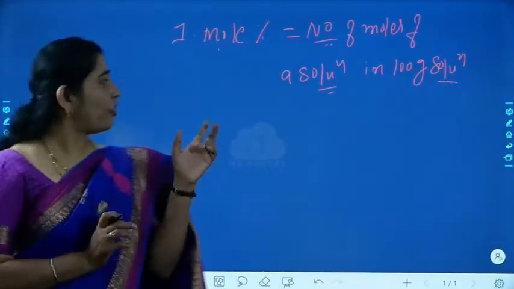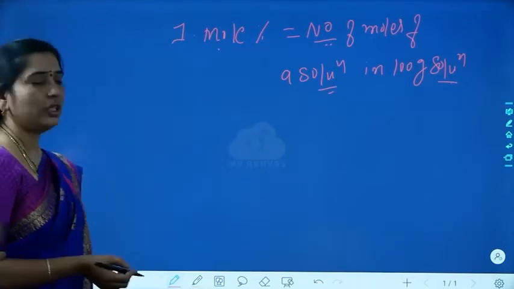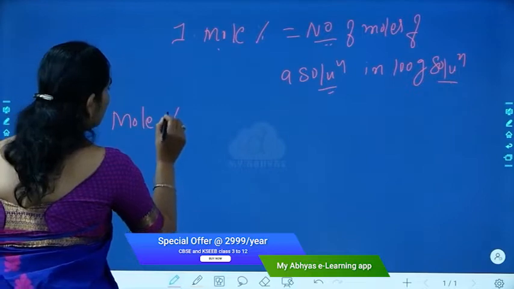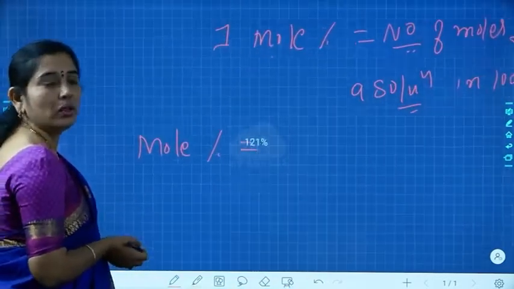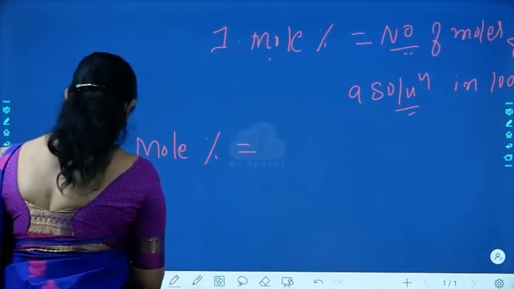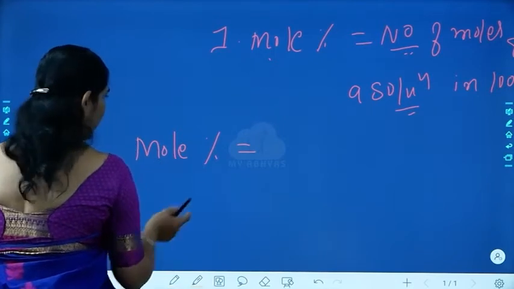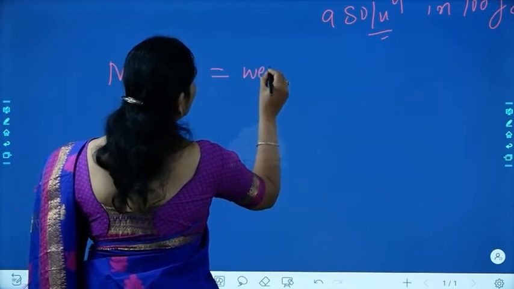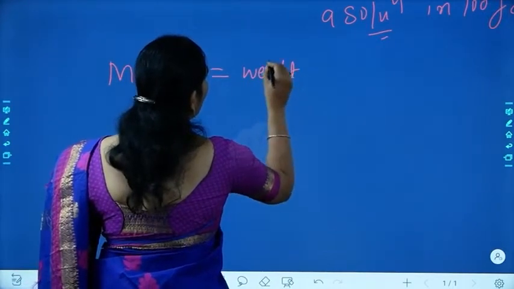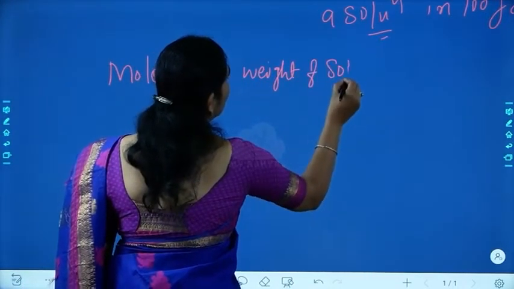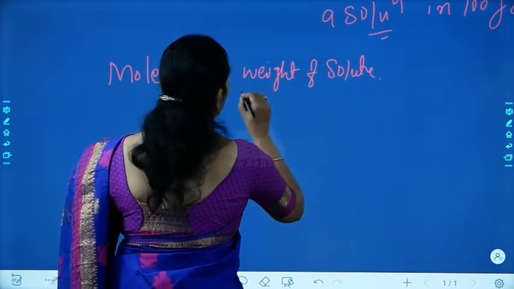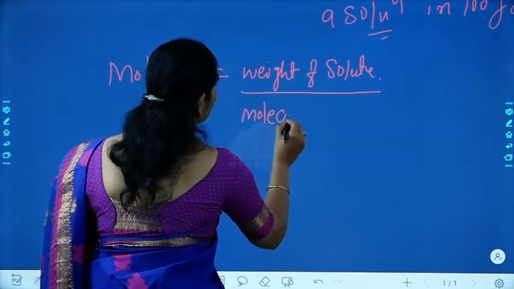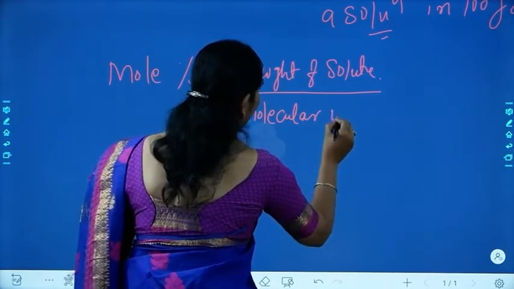Mathematically, what is the equation we can use to determine this mole percentage? Here, mole percentage is equal to weight of solute divided by molecular weight of solution, into 100.